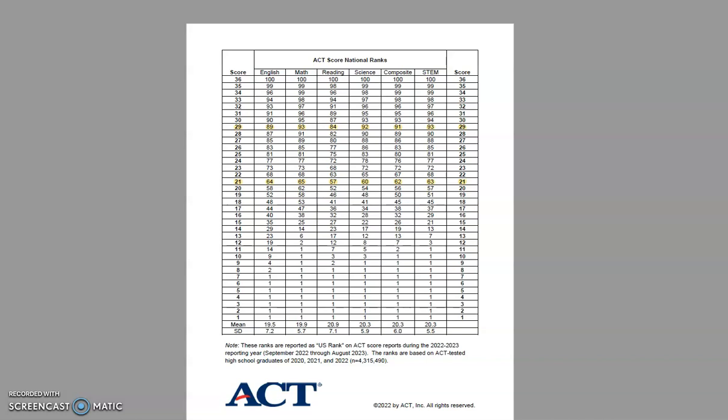The most important thing for you to look at on this particular chart is if you want to be in the top 20% in the nation. Looking at that composite score, you want to have a 25 if you're aiming for the top 20%. Or I want to be in the top 5% in the nation. Looking at this chart helps you determine, okay, 31, that's my goal. I want to go for 31 to be in the top 5% of the nation.